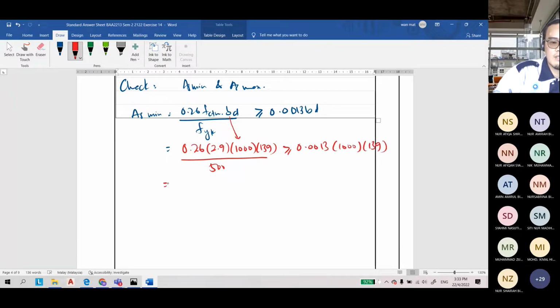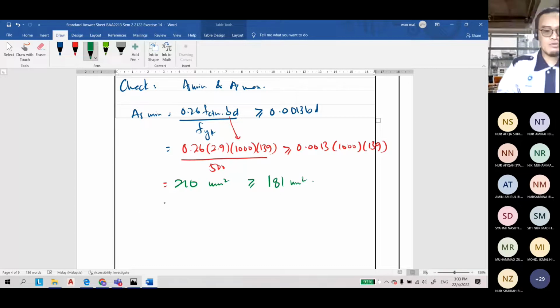So what is the answer now here? 210. Okay, 210 mm square, greater than 181 mm square.